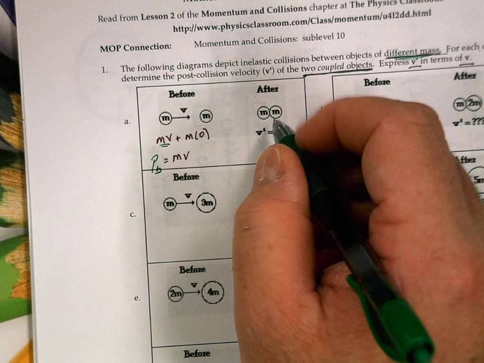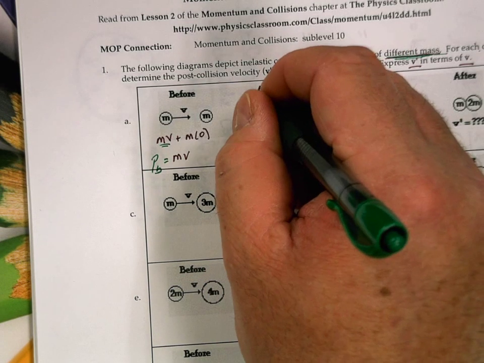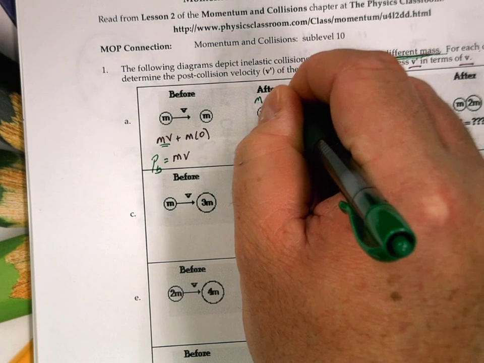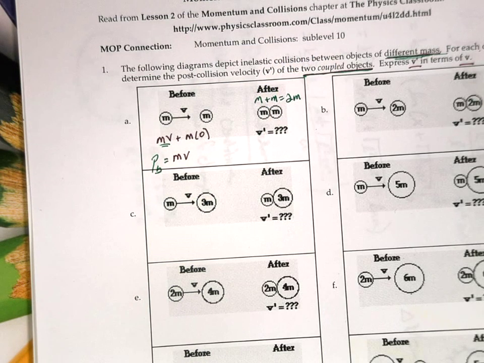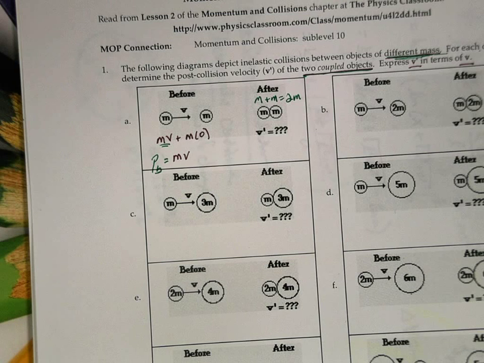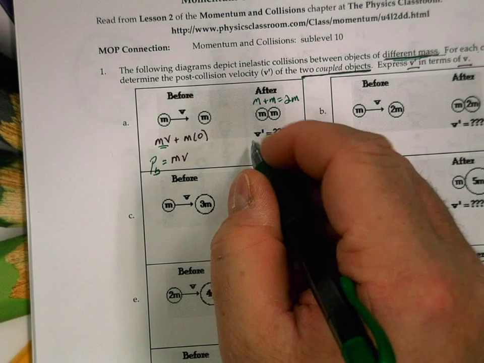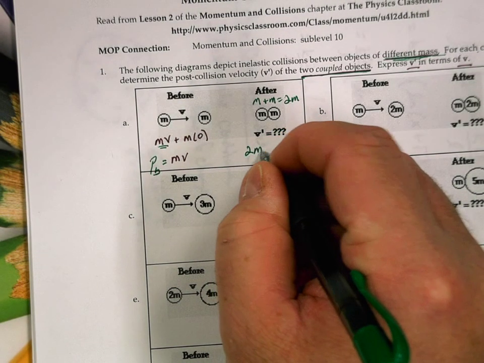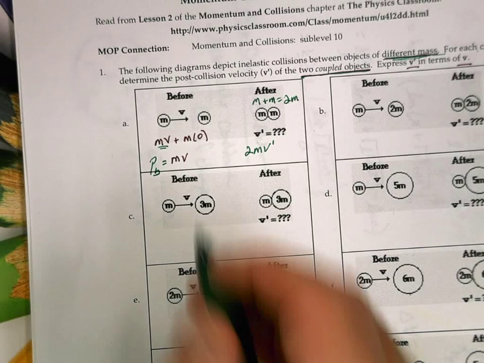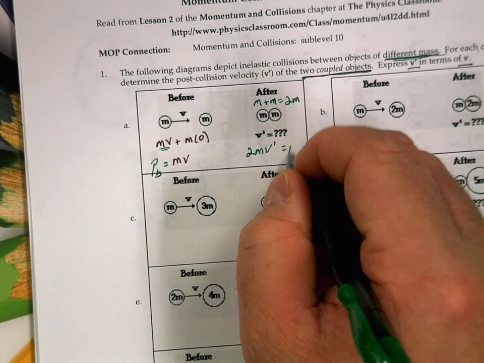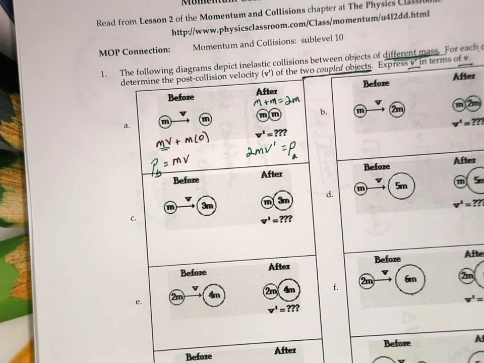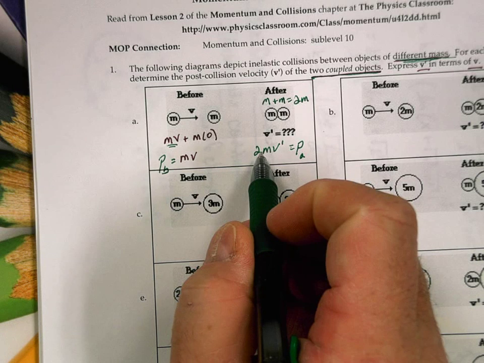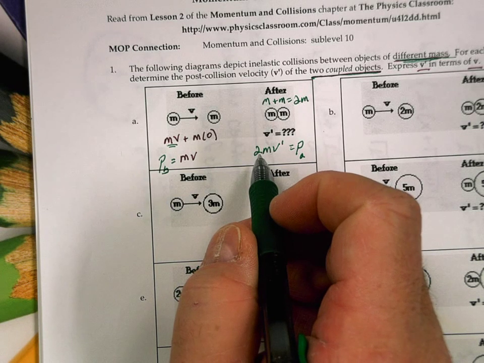Because we have two of them stuck together, so it's m plus m, which equals 2m. And that becomes 2m v prime. That's our momentum after. But these two should be equal to each other because of the law of conservation of momentum.